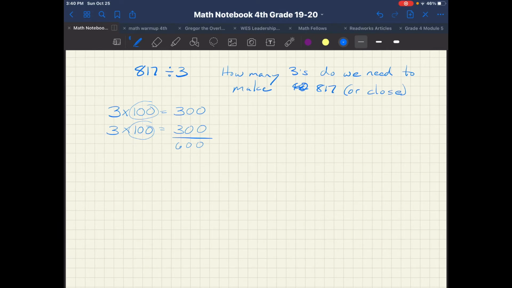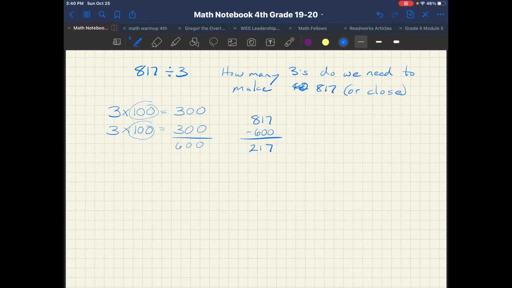So let's see how many I have to go. I started with 817. I'm going to take away that 600. So I've got 217. I know I can't do 100 more threes because 100 more threes is 300. But let me see.